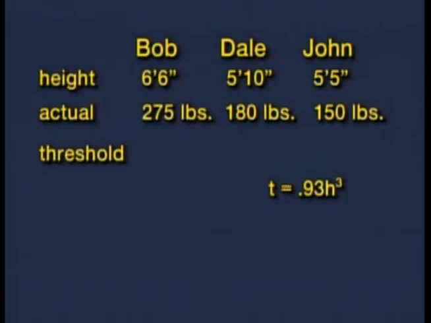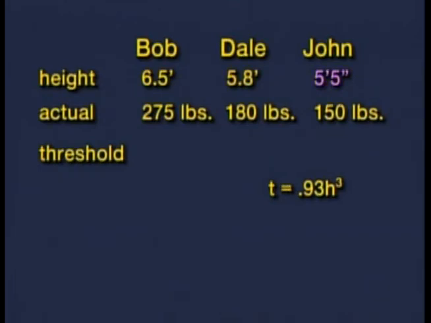Before you start, be careful with the units here. We used feet to find the value of k, so we'll have to convert each man's height to feet. We'll round off decimals to the nearest tenth. For Bob, 6 feet 6 inches is 6.5 feet. Dale's 5 feet 10 inches is about 5.8 feet.